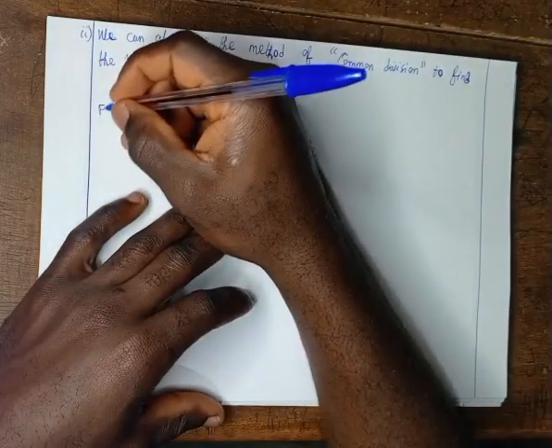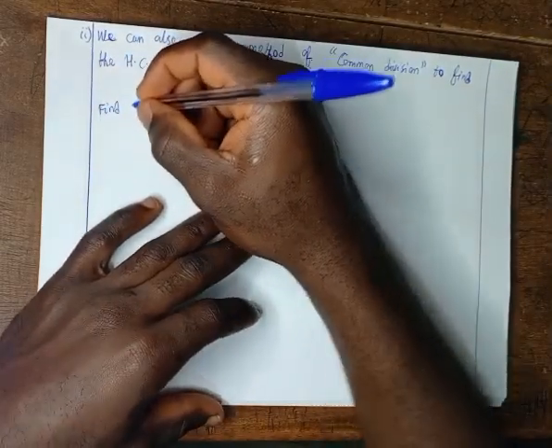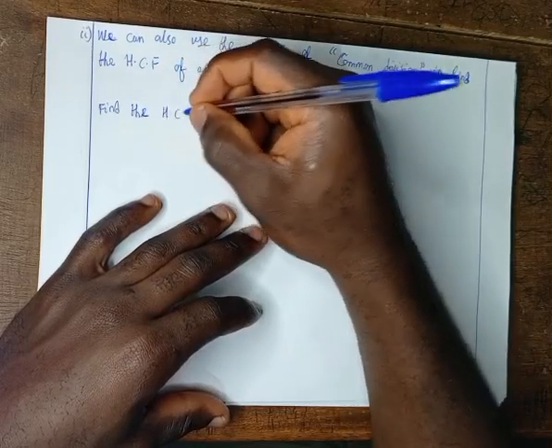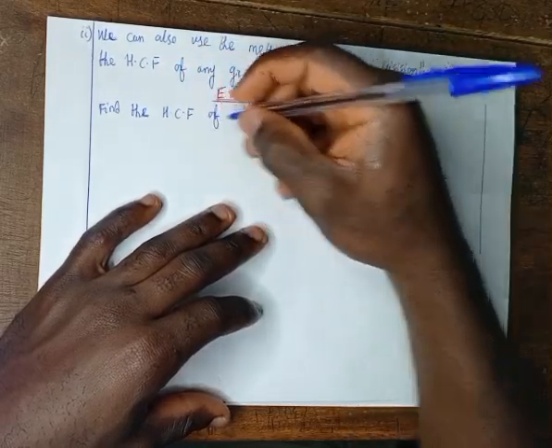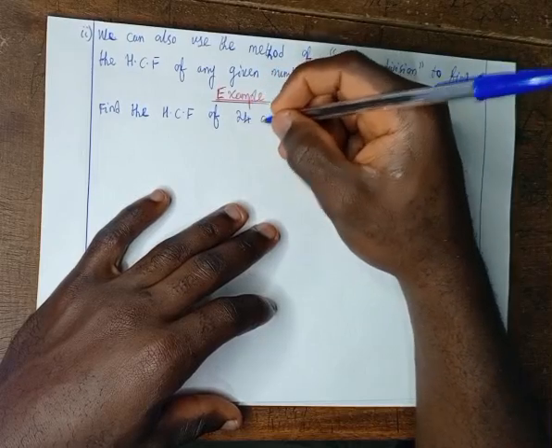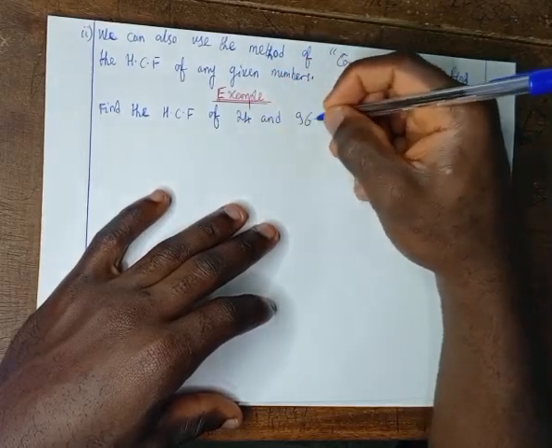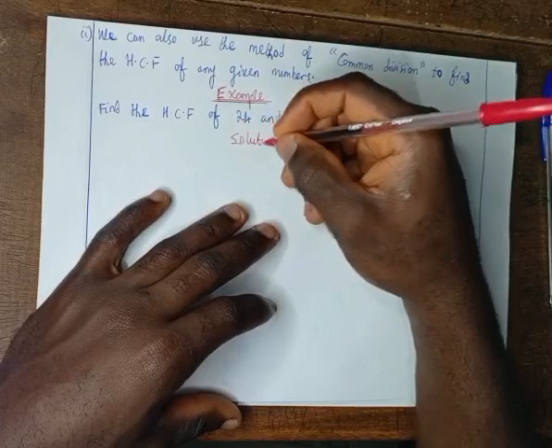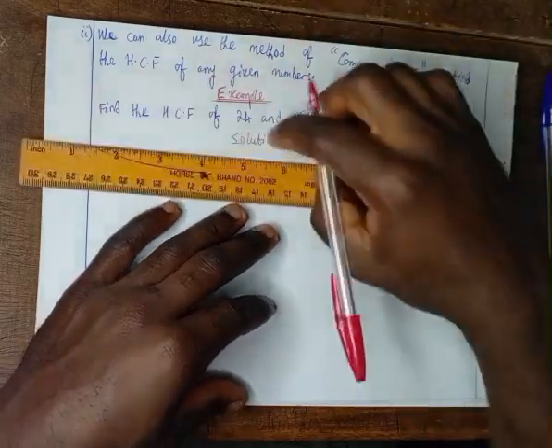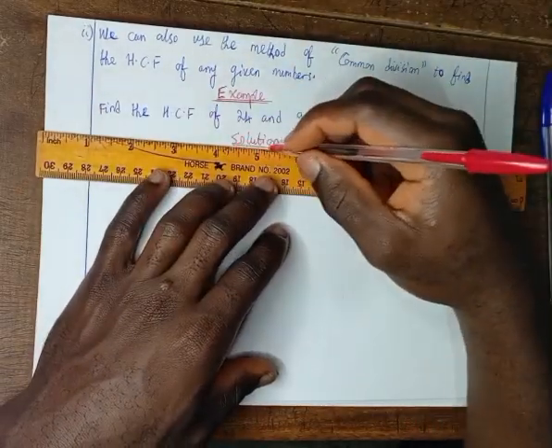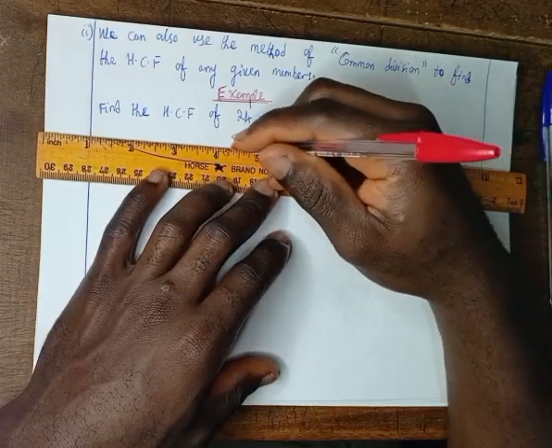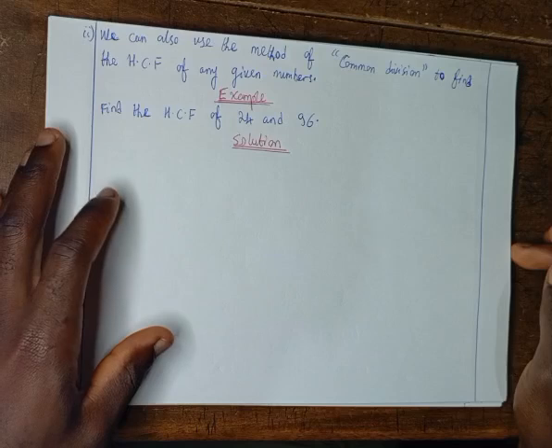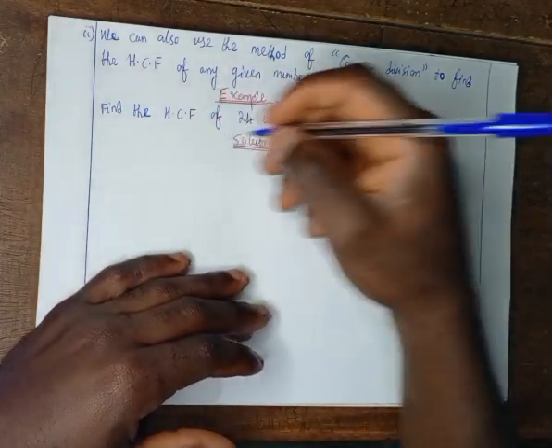Find the H.C.F., the highest common factor of 24 and 96. Take down solution. So you'll be the one to choose the method you best understand. If you can memorize all the methods, if you can master all the methods, then that will be good.